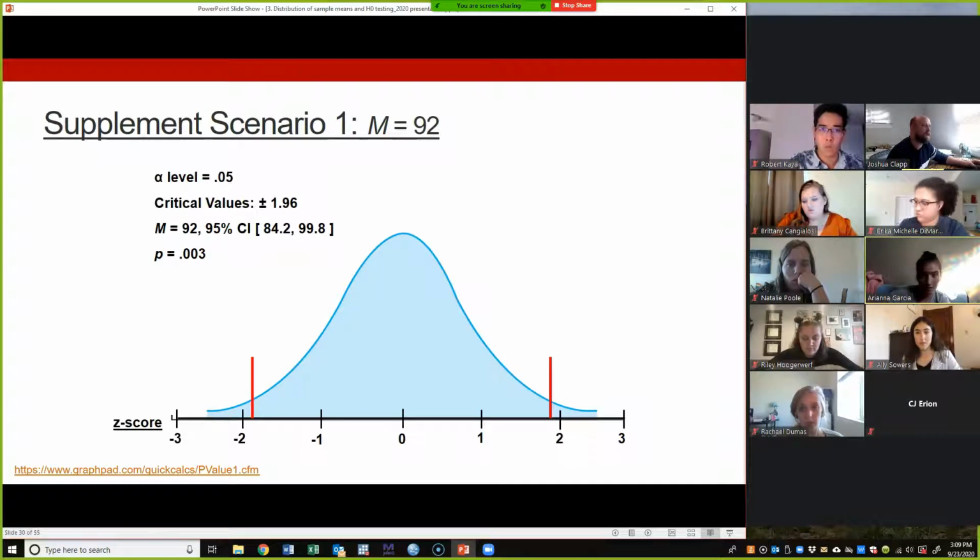Okay, it's kind of related to the confidence interval. Where did I get that 1.96 score? Anybody? What were you going to say?